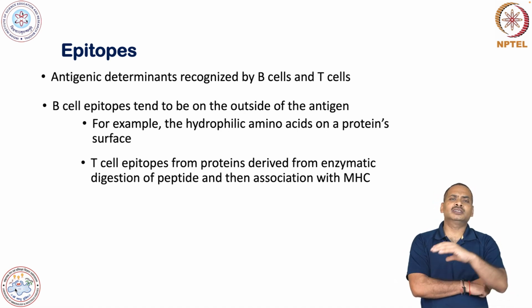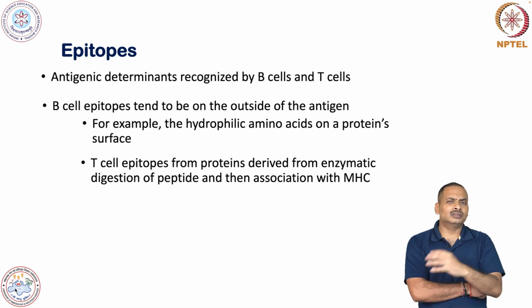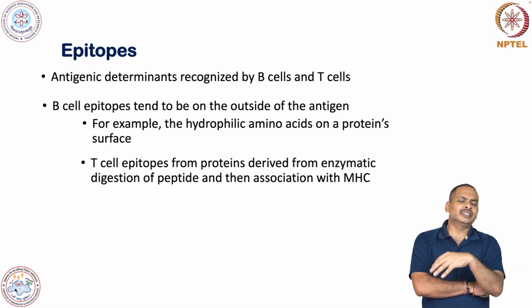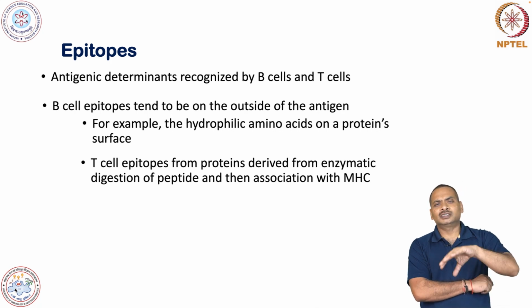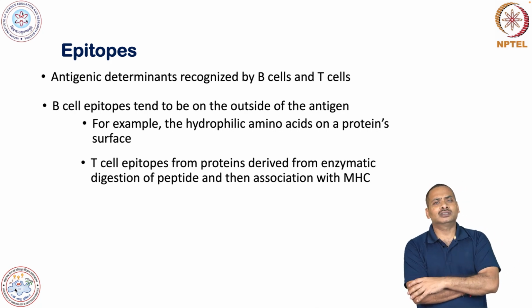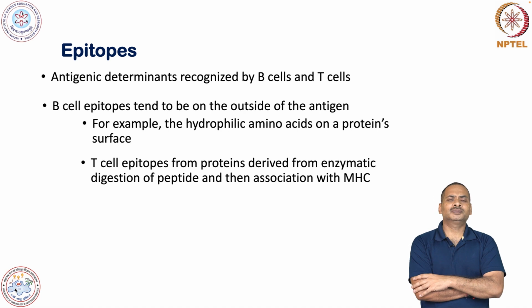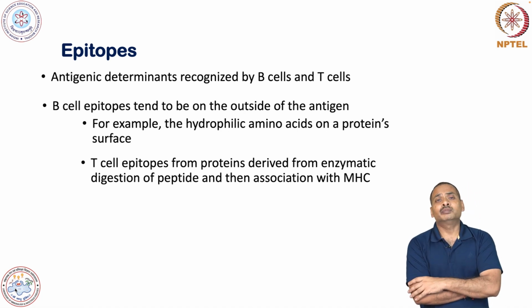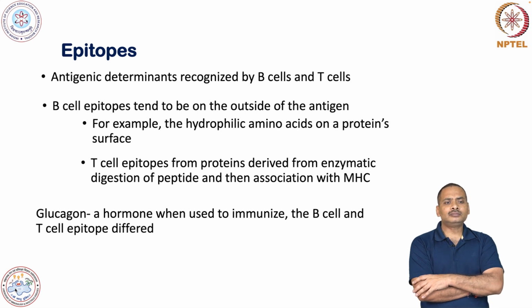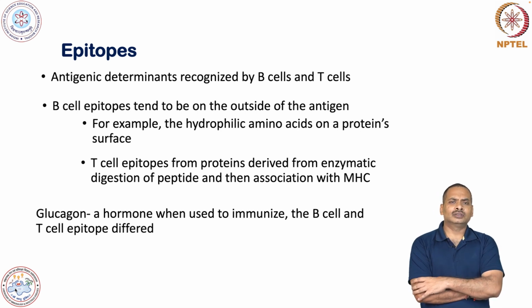In case of B cell, this is a naive or native protein, and this native protein has some surfaces, and these surfaces are B cell epitope, and the surfaces present on the antibody, we call it a paratope. So, there is one example.